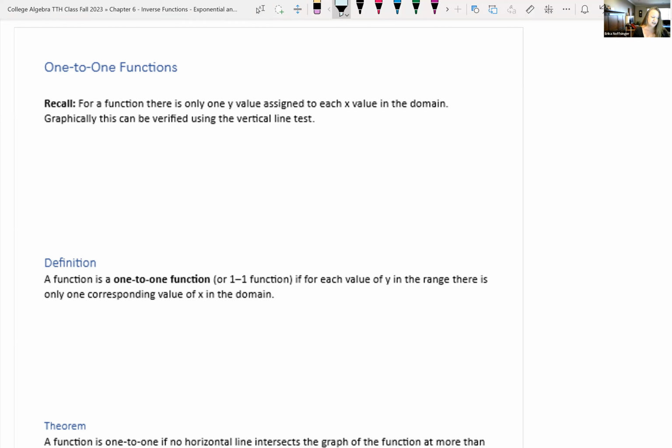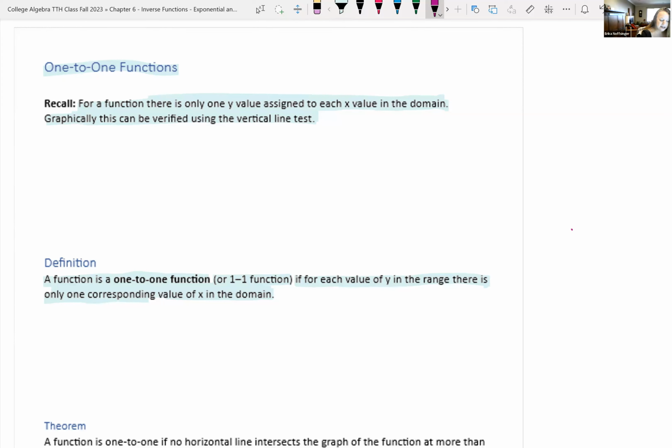So I cannot have two separate x values give me the same y value. If two separate x values give me the same output, then it's not one-to-one.